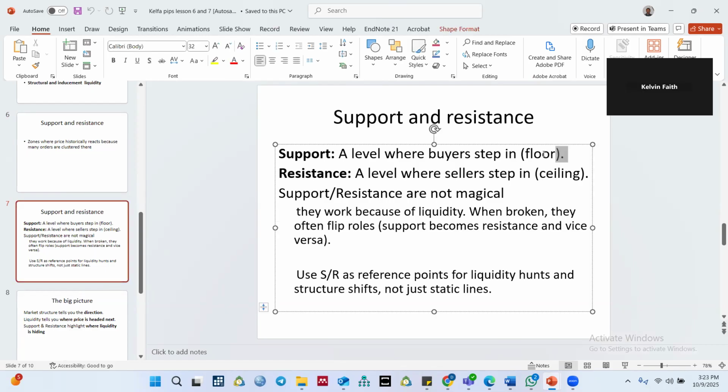Support is like the floor you are standing or sitting on, and resistance is like the ceiling, the rooftop of your house. So when price hits it, it bounces down.